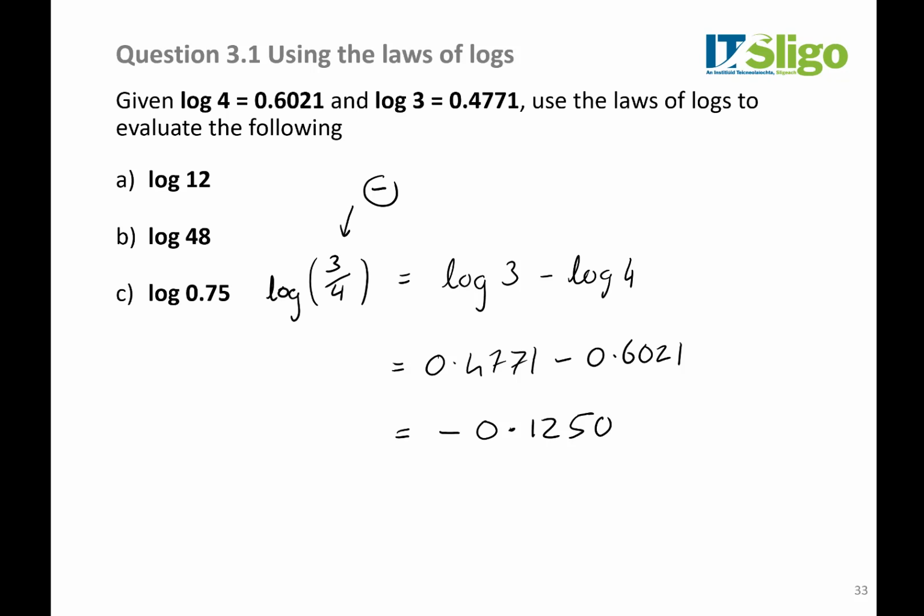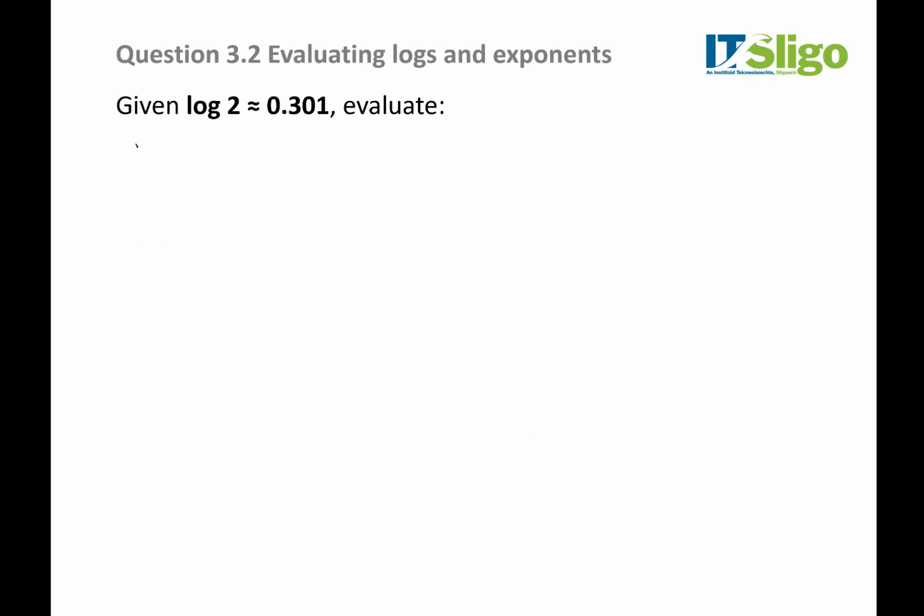So that's just an introductory example of using the log laws. Now, given the log of 2 is 0.301, evaluate the log of 2000. Well, the log of 2000 is actually the log of 2 multiplied by 1,000.